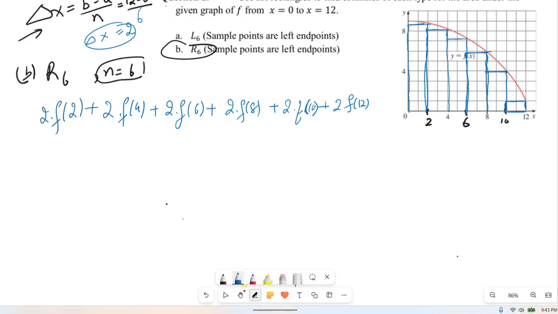So we are trying to estimate the area under the curve from the right hand side. Still 6 intervals, but we are starting from the right hand side. 2 can be factored out.